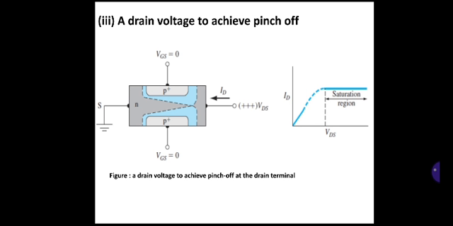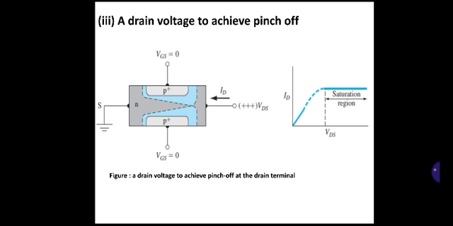It is marked as the saturation region: if you increase the positive drain voltage more and more, there is no change in the drain current, and it goes into the saturation region. This is called pinch off. Any further increase in the drain voltage will not cause an increase in the drain current. The IV characteristics for this condition are shown in the figure.